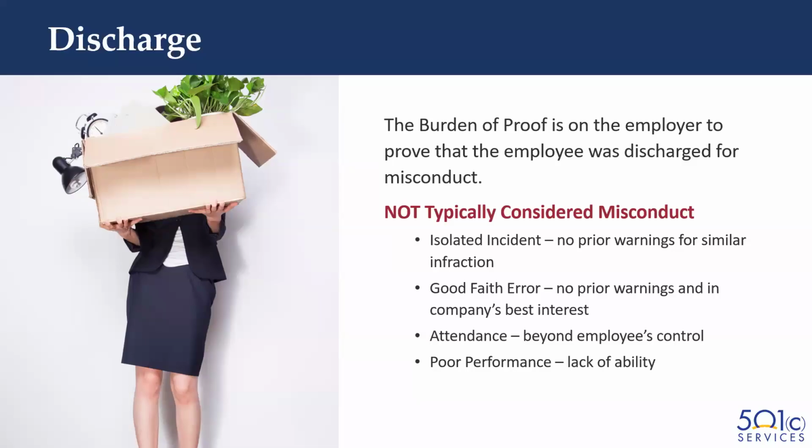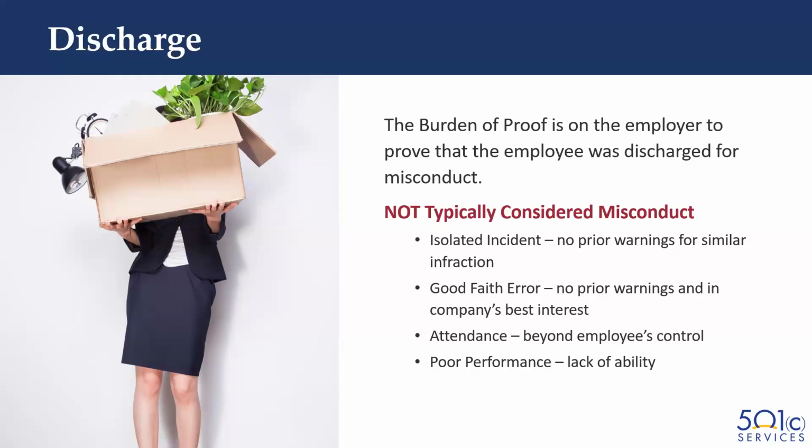So in essence, you could have made a solid business decision, followed all your policies, separated the employee appropriately, yet they may still qualify for unemployment. The state's rules are not your rules, okay? So let's walk through some of the discharges that are going to be a little bit trickier.